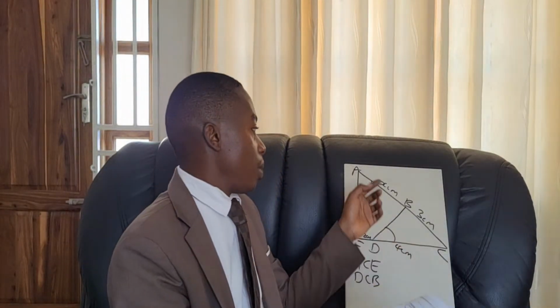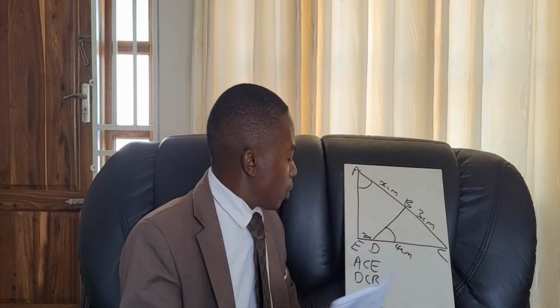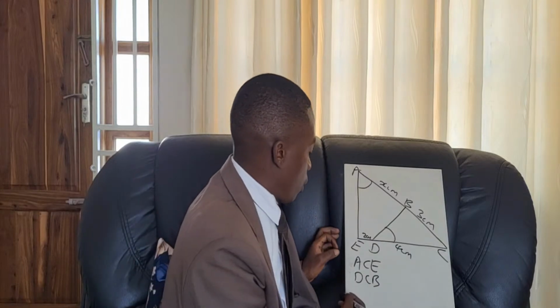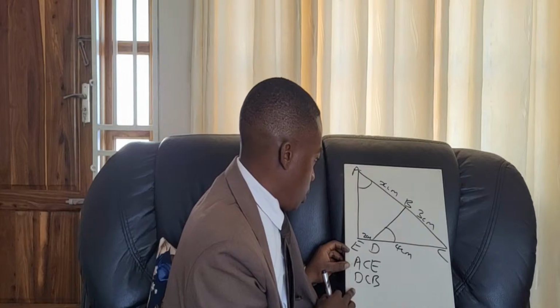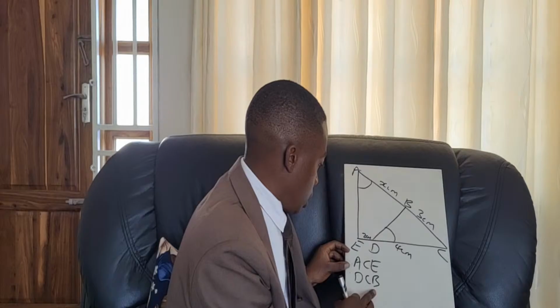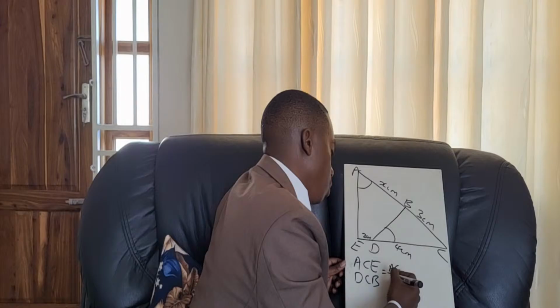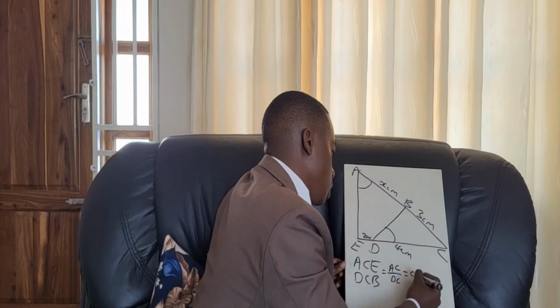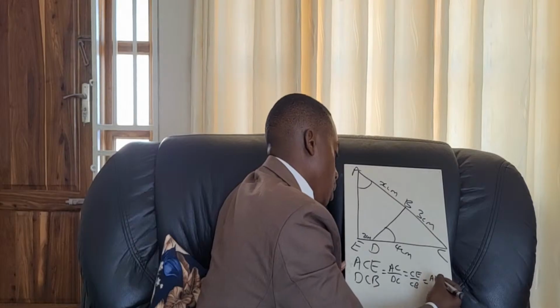Then find the x. So that's the formula. CB is 9. So the formula is AC over DC equals CE over CB equals AE over DB.